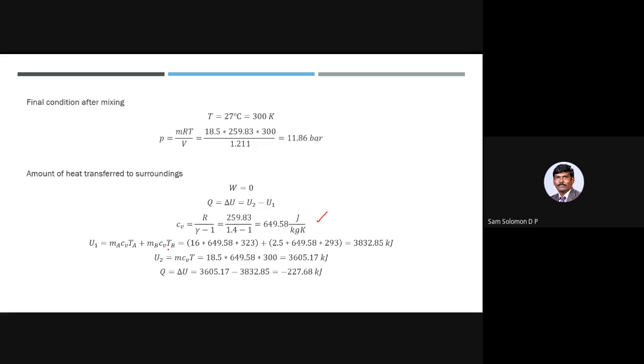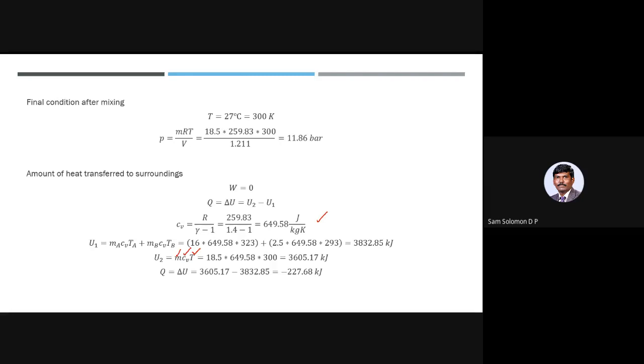And U2 is mCV into T, that is after mixing. You know the final mass of oxygen, the final temperature, and the final CV of oxygen as well. Because R is fixed, CP and CV are also fixed, gamma is fixed. So CV is going to be the same before mixing and after mixing.